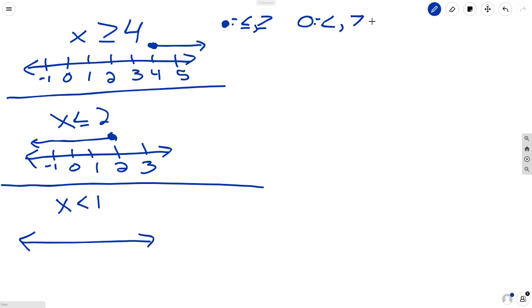If we're looking at x is less than 1, then we need a circle at 1, but it's not including 1. So we're going to leave it open. We're saying everything that is 0.999999 and less will be included, but 1 is not included.